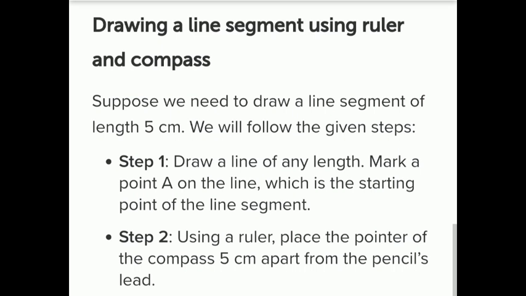Drawing a line segment using ruler and compass. Suppose we need to draw a line segment of length 5 cm. We will follow the given steps. Step 1. Draw a line of any length. Mark a point A on the line, which is the starting point of the line segment. Then step 2. Using a ruler, place the pointer of the compass 5 cm apart from the pencil's lead.